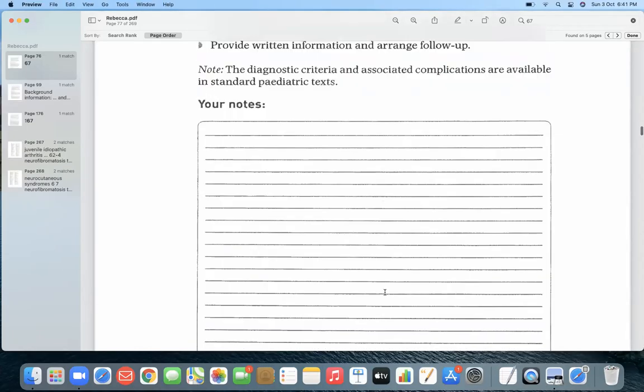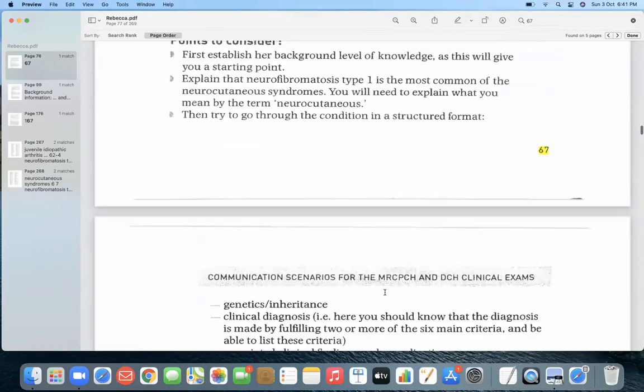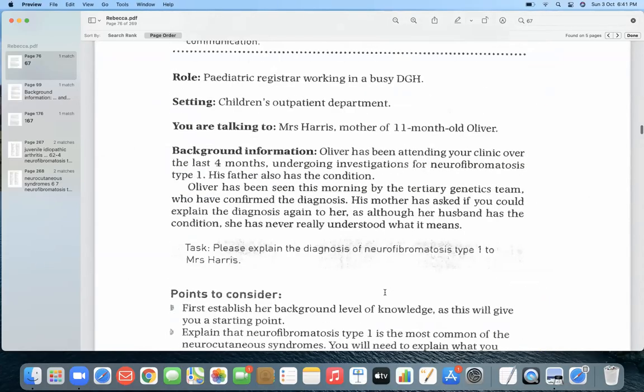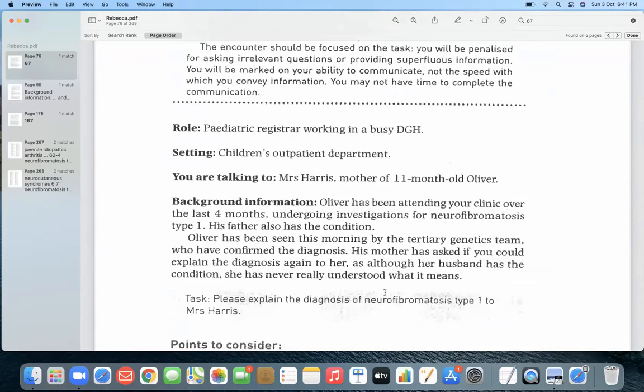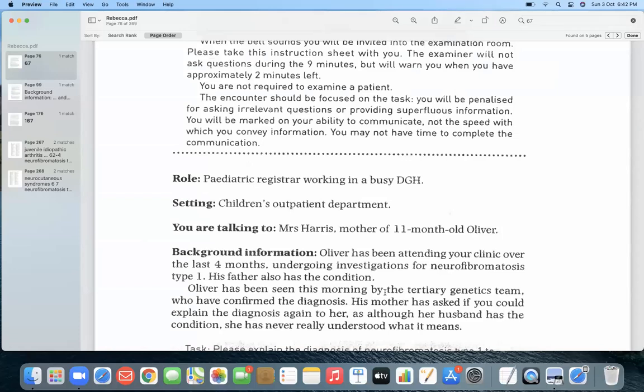So the change in the scenario here now is, same Oliver and mother is Mrs. Harris, and you can keep him 11 months or 1 year old, no problem.